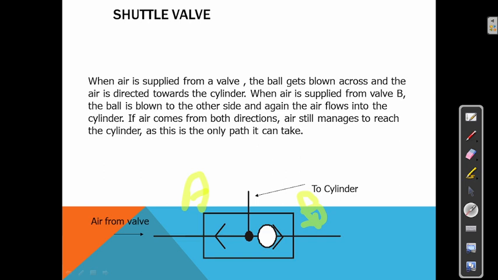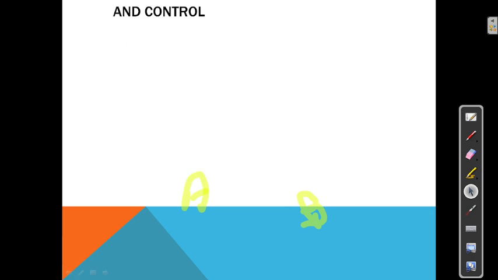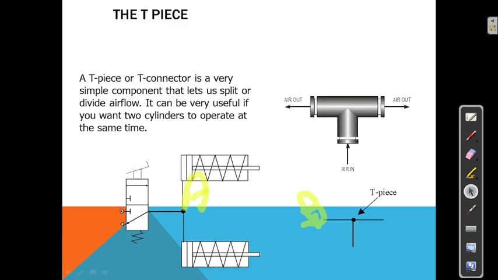So it will manage. But in other valves, we cannot do it like this. For example, if it is a T valve, as we saw before, we can get both directions here, so you can see both directions at the same time.